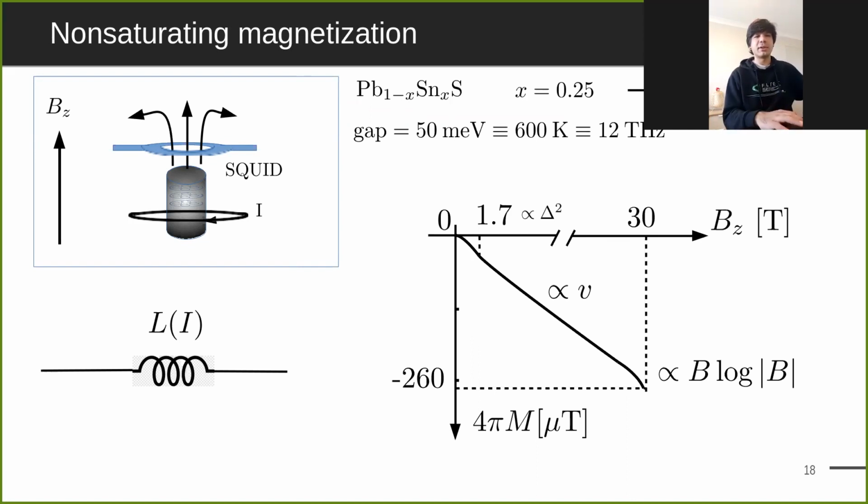But thanks to the Dirac valence band, Dirac dispersion, this saturation never happens. Up to extremely high fields, you see this almost linearly changing, B log B type dependence of magnetization on the applied B field.